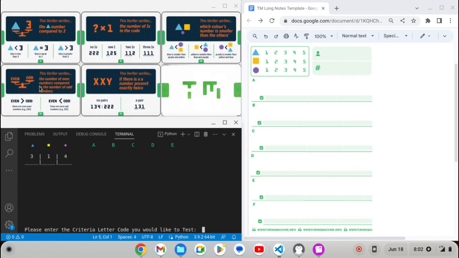Criteria card D, again, looks at our 3 digits in our solution and will let us know something about the ratio of even to odds. So should there be more even than odds, or should there be less even than odds?